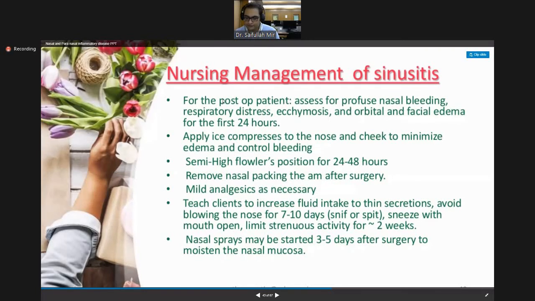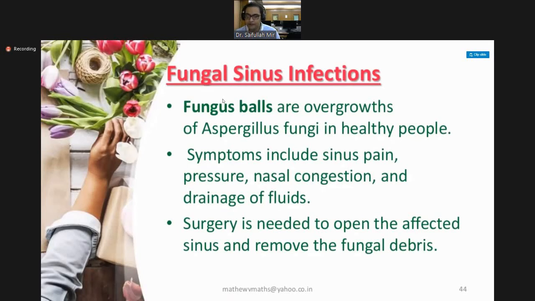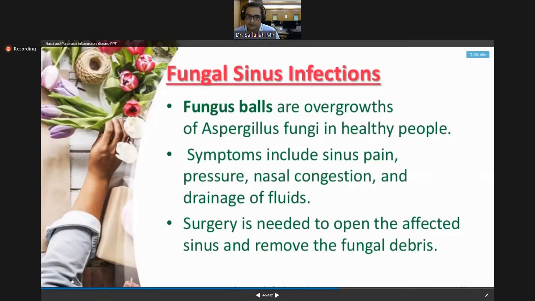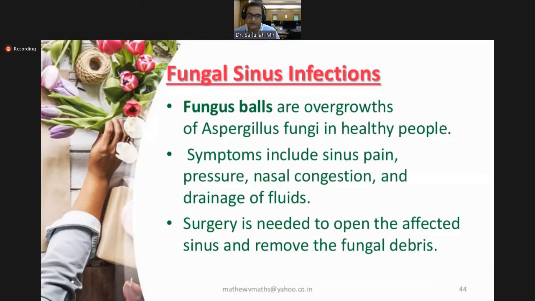Now, we have covered viruses and bacteria causing infections. We haven't covered fungi. Fungal infections can be due to Aspergillus or Candida, but Aspergillus and Mucor are the more dangerous ones.